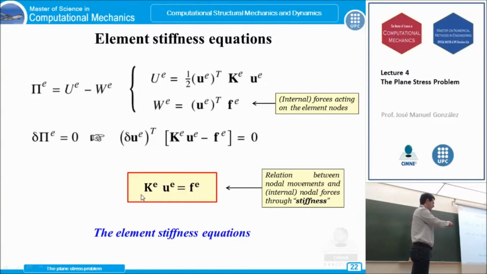So these are the element stiffness equations for this element. We assemble these equations for all the domain, and we get the equations to solve the problem. So we got to this solution using a variational principle, which is the minimization of total potential energy. We got to the same place, but this stiffness matrix is calculated in a different way, using the same idea.